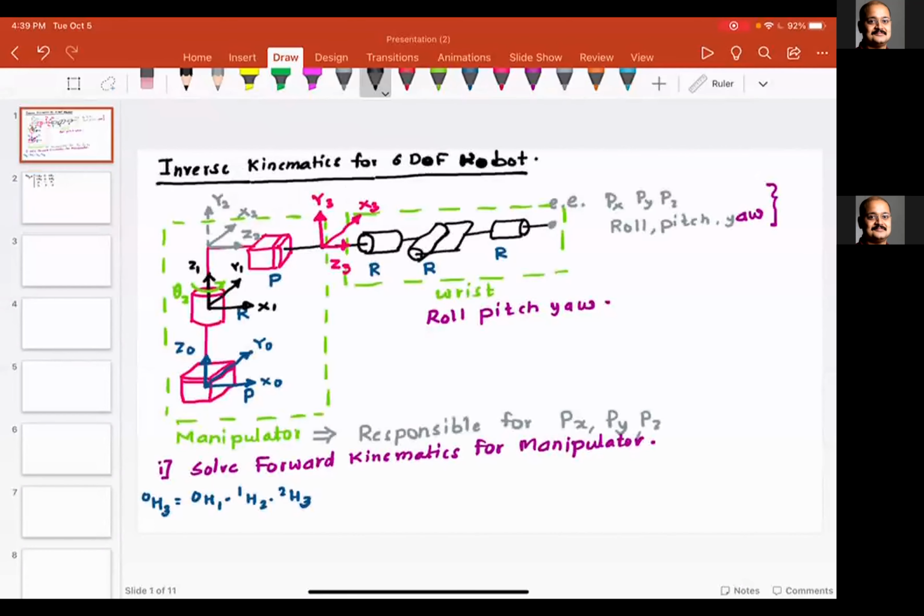I need to give you some dimensions here. Say this is the fixed distance, which is going to be D1. This distance I'm going to call A3.